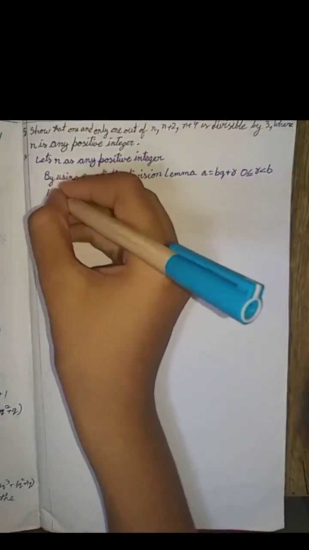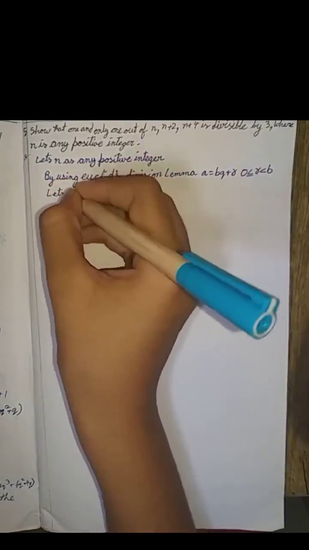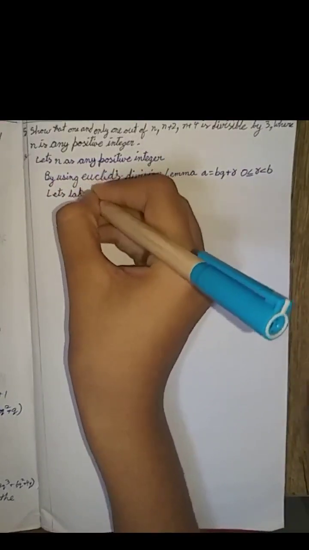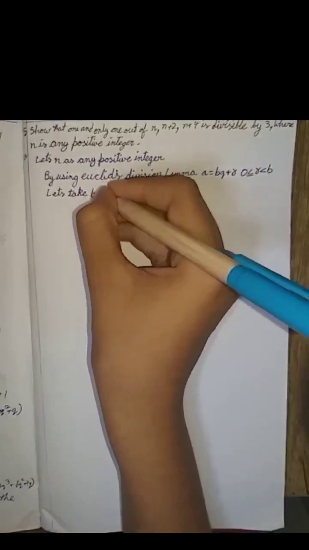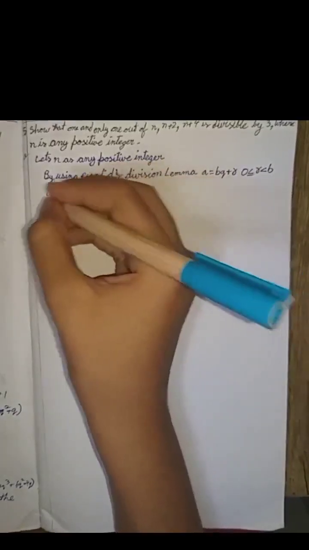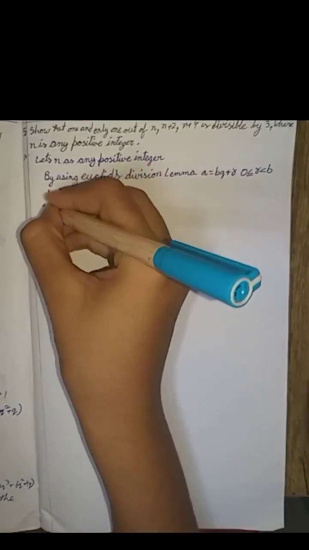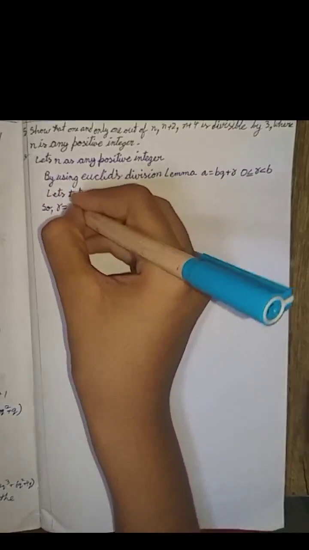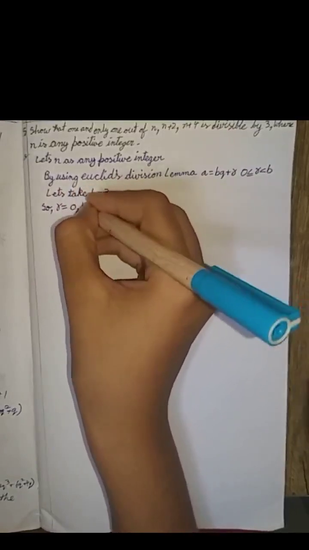Let's take b is equal to 3. So, r is equal to 0, 1 and 2.